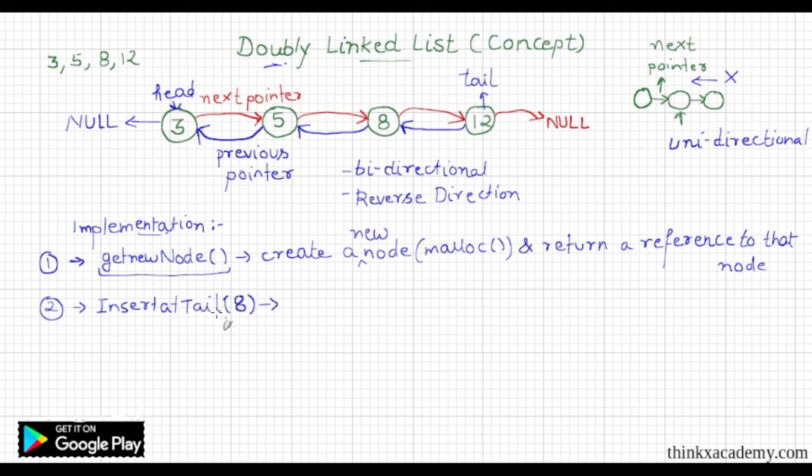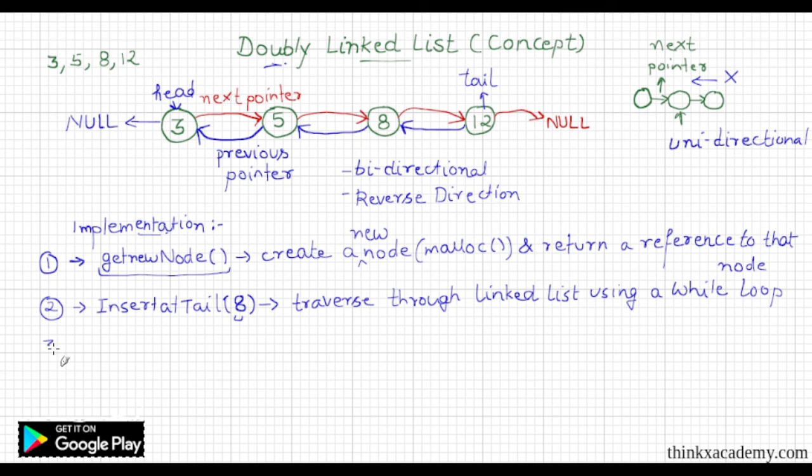If you want to add some element at the tail, this function will traverse throughout the linked list using a while loop, and whenever the last pointer becomes null, it is going to insert the data at the last position.